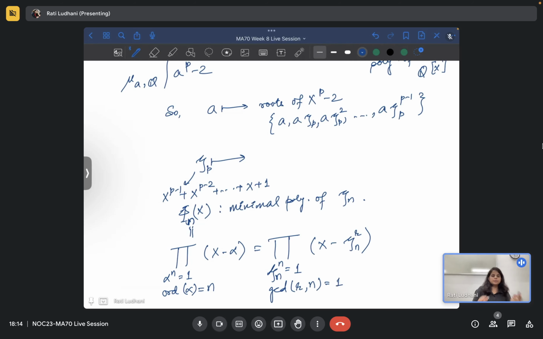So this is basically the product over all the generators, all the primitive elements, for which if you take the powers you get all the nth roots of unity. So that is the definition. That is proved in the lectures, so we just stick to that.